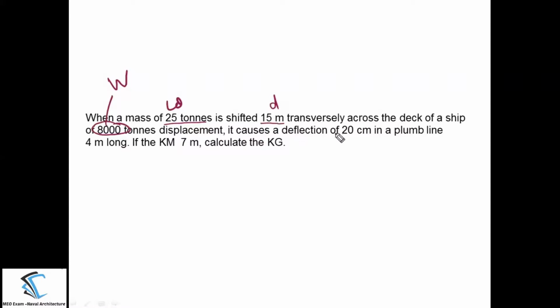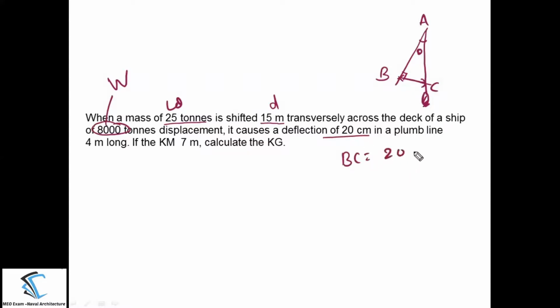It causes a deflection of 20 centimeter in a plumb line. It means if you see the triangle which we have seen in the earlier discussion, this is point B, this is C, this is the plumb line, and this is the theta. So it causes the deflection of 20 centimeter. They are talking about this BC value.